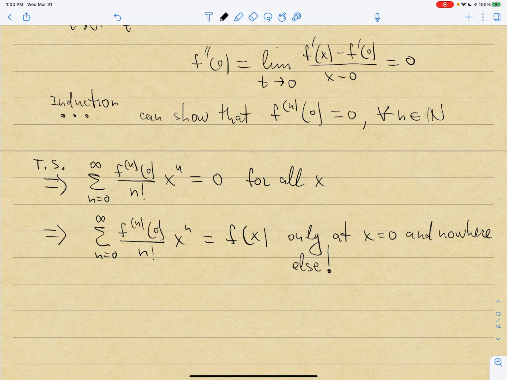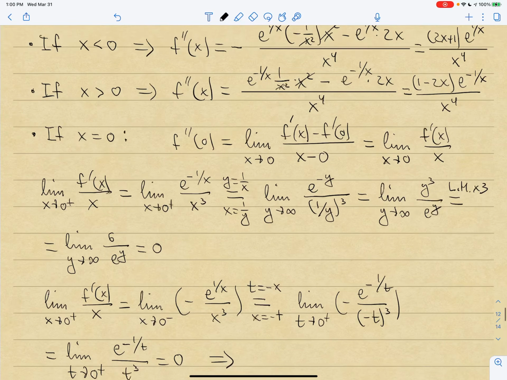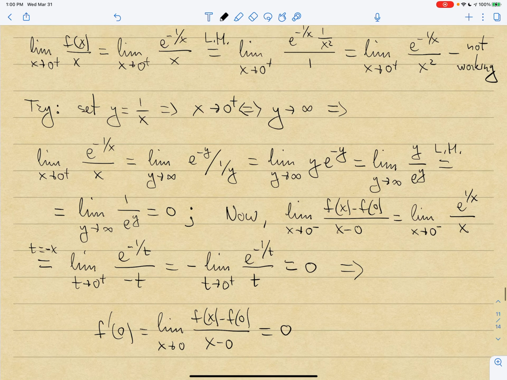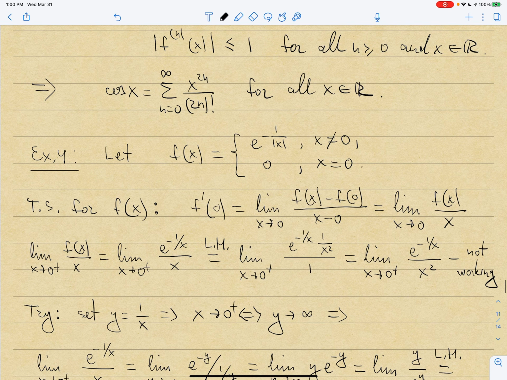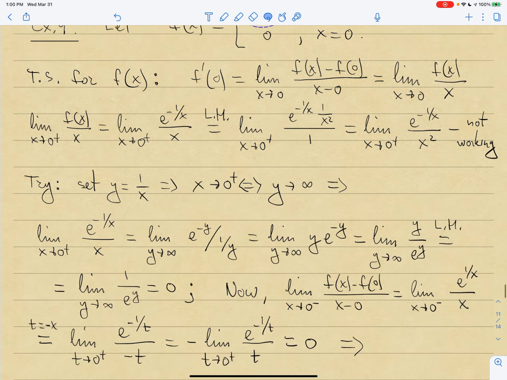And so that means that actually the function is not going to be equal to it, right, because f of x is not 0 anywhere else. It's an exponential function e to the minus 1 over x at all other points, and that value is not equal to 0.